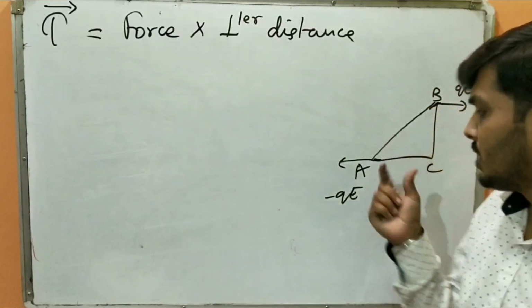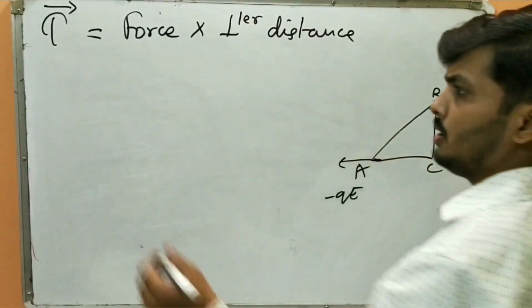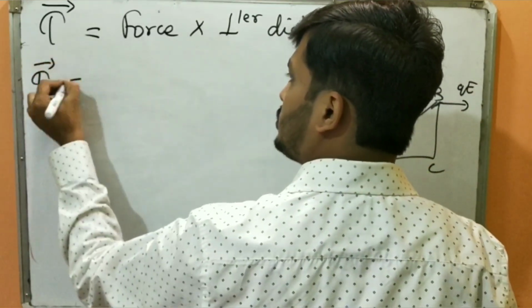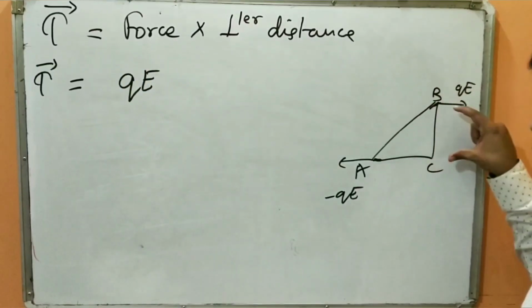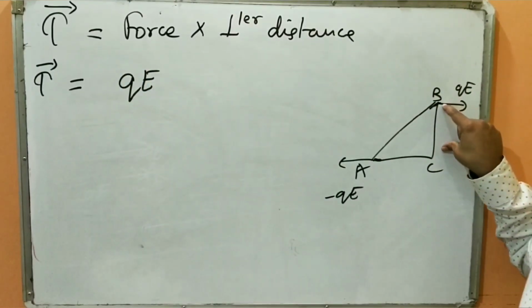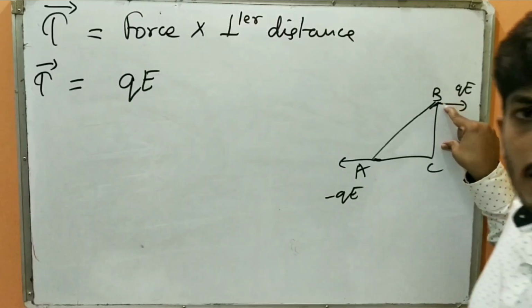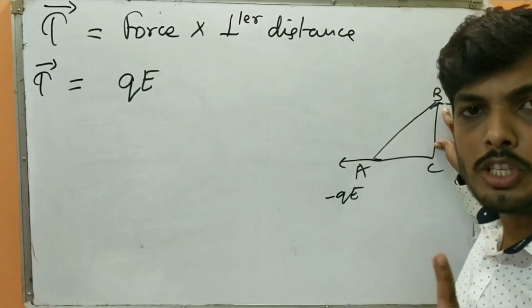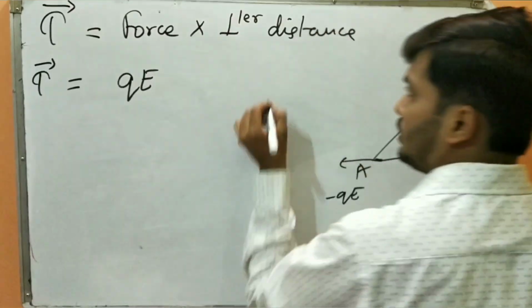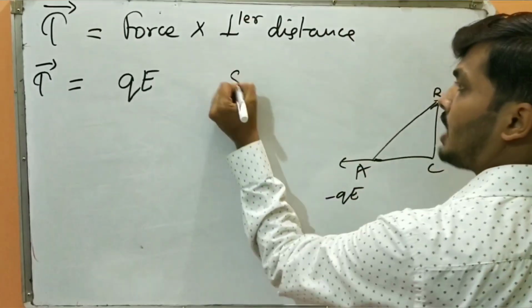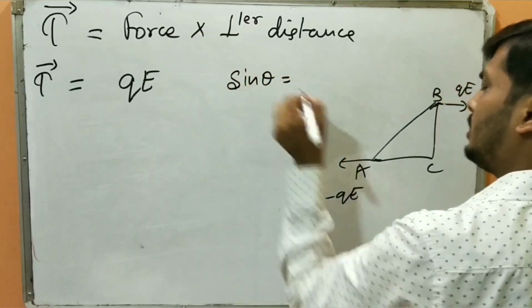Now students, apply that formula here. Torque equals, what is force? QE. And what is the perpendicular distance? BC. Now this is which component? The vertical component. So which trigonometric function will be convenient here? Sine function. So I'll write sine theta. What is sine theta?